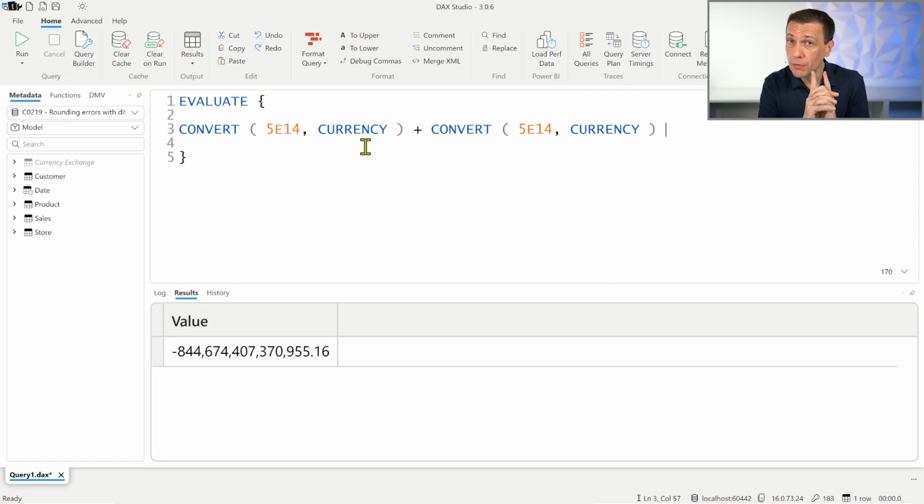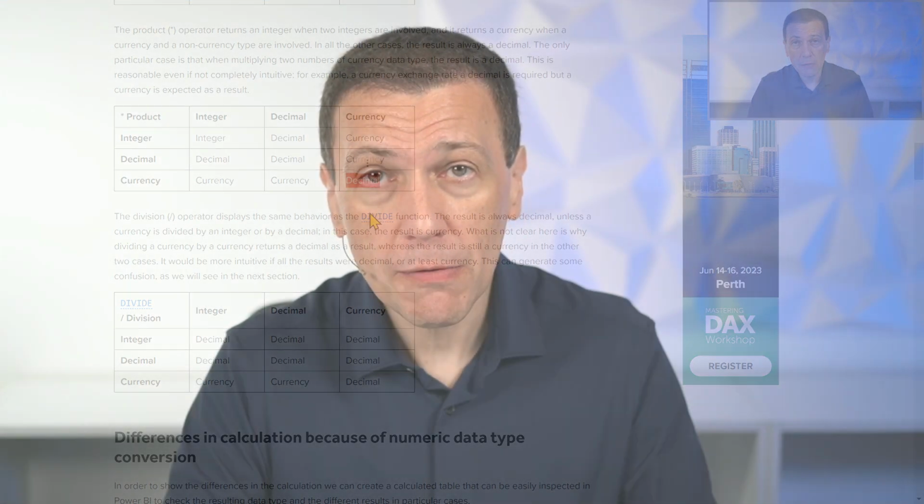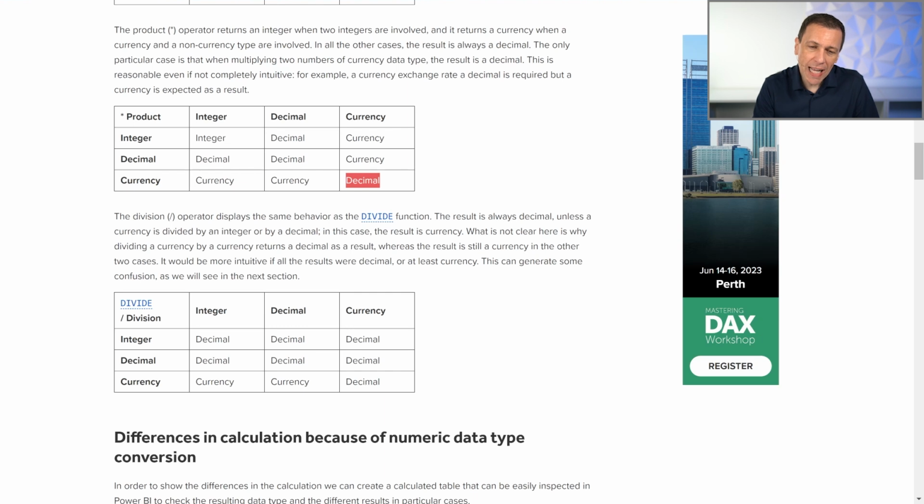For the product, we don't have the same behavior. Why? Let's take a look for 1 second at the diagram here. So you see that in this table, if we multiply currency by currency, the result is a decimal. So the result of the product is not a currency, which means that we're not going to get an overflow apparently, but we have other possible consequences.